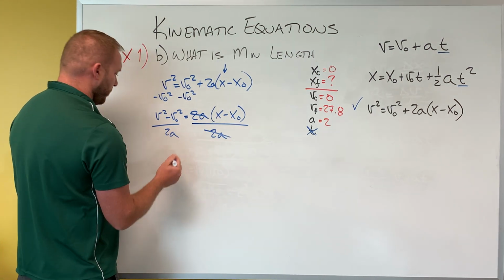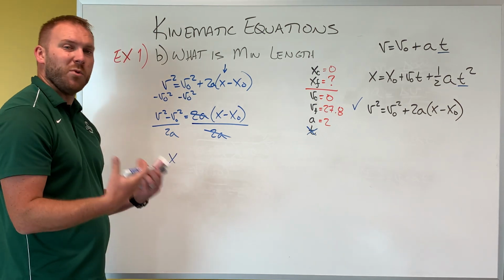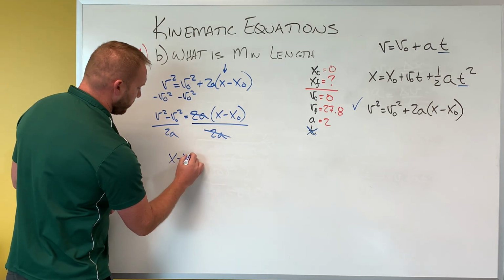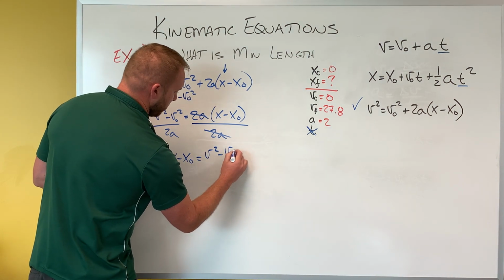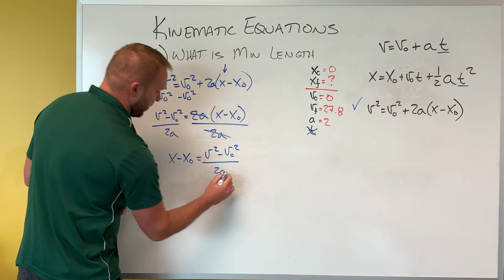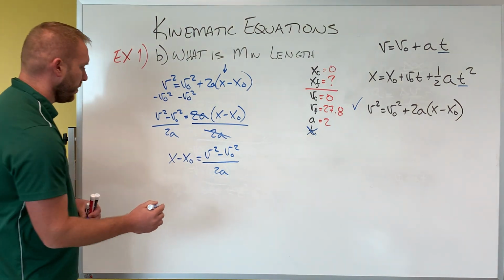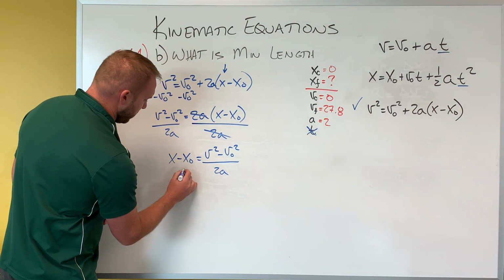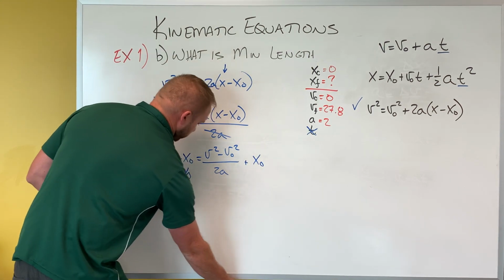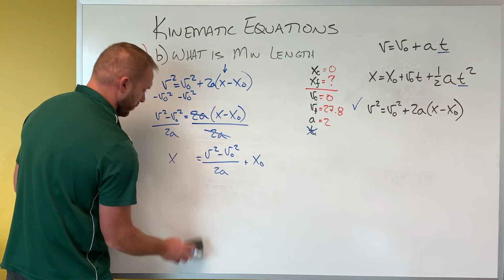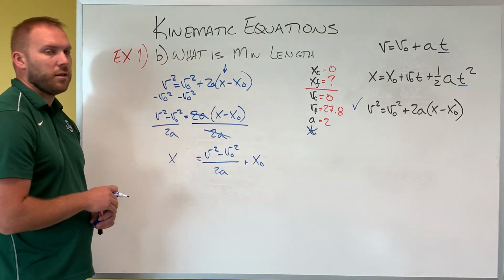And I'm going to rewrite it so it's a little bit more of what we are used to. Final position minus initial position equals velocity squared minus initial velocity squared over 2 times my acceleration. And the last thing is I'm going to add my initial position. And that's what my final answer should look like.